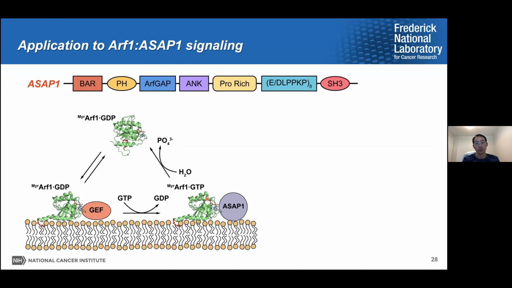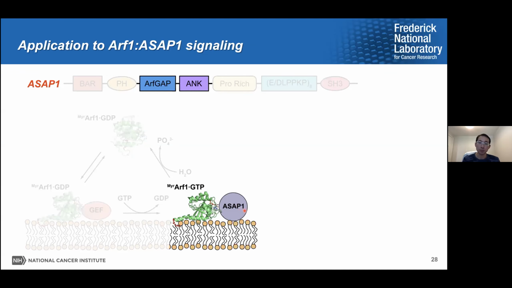Okay, it's in the Ras superfamily. But in the active form, you will associate with SF1 and then facilitate the membrane trafficking. Okay, and at the beginning when we did the test, we were not dealing with this big system, and later on actually we did the experiment on this big system and it still worked.